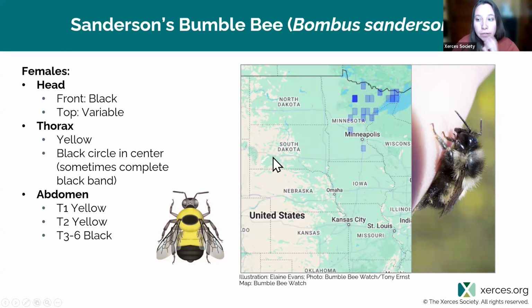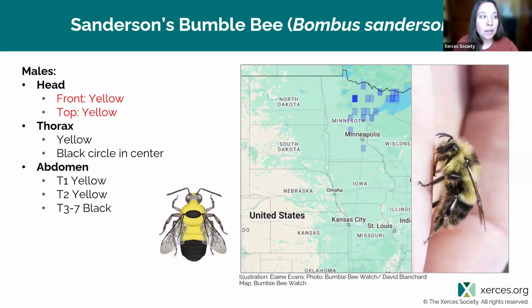For the head, the front of the face is black for females, and the top of the head can be variable. Sometimes it can be completely black. Sometimes there will be some yellow hairs in there. So it just depends on the individual you're looking at. Very similar color patterns for males. The males are quite similar to the females.